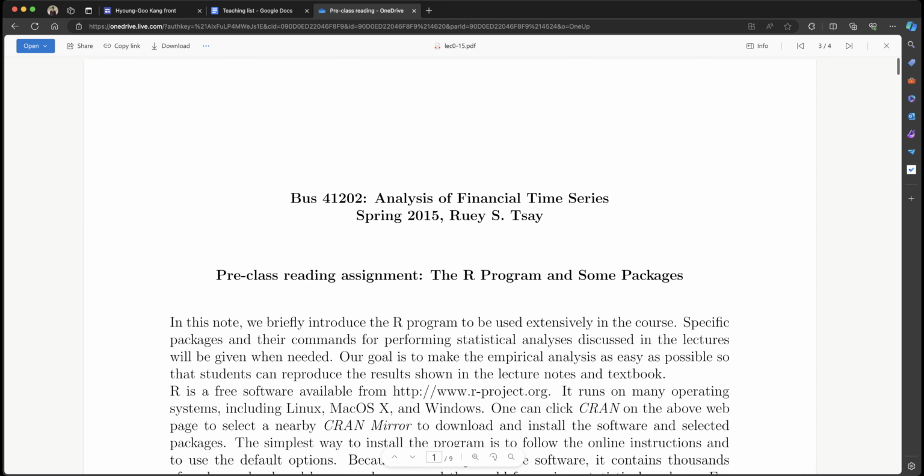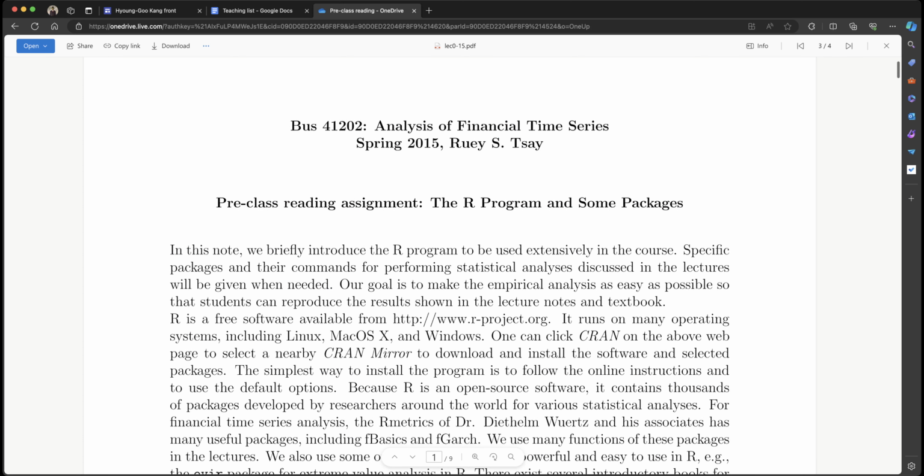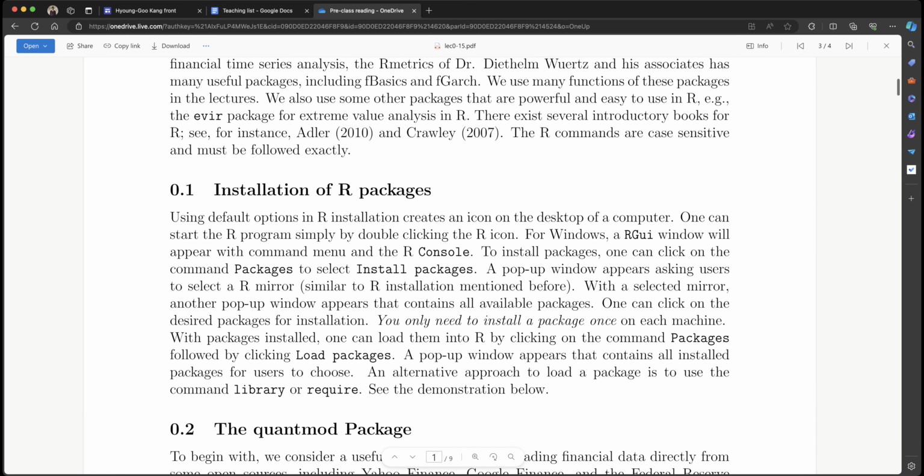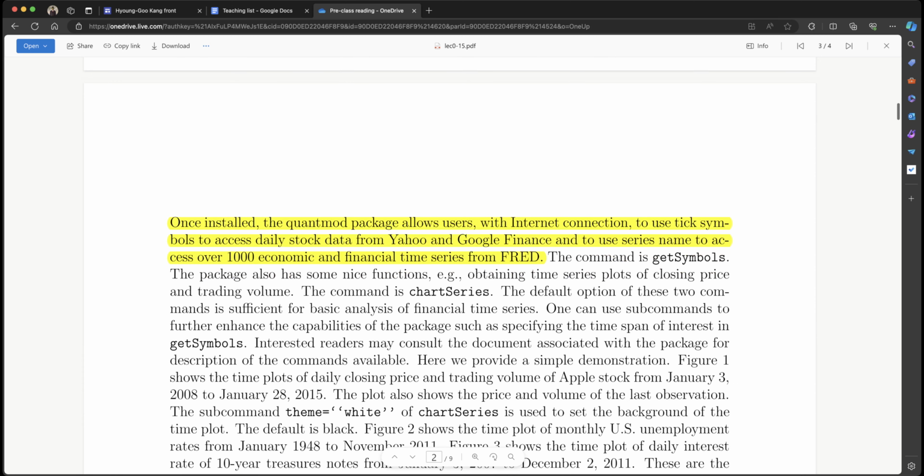Okay, so this is the analysis of time series class, or financial time series class. This syllabus is written by Professor Tsay. He's a very famous professor. This class was originally designed for R, but in our class we will use Python instead, mostly Python.